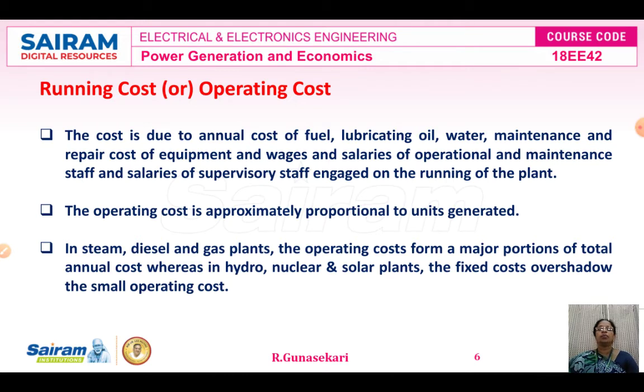The operating cost is approximately proportional to the units generated by the power plant only. For example, in steam, diesel and gas power plants, the operating cost forms a major portion of the total annual cost, but in hydropower, nuclear and solar power plants, the fixed cost overshadows the small operating cost.